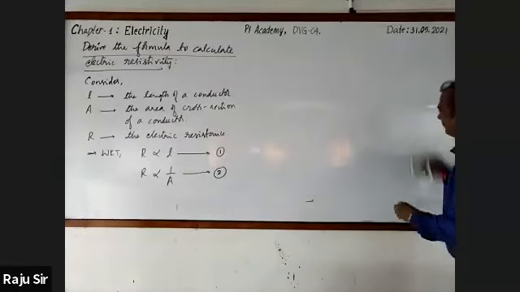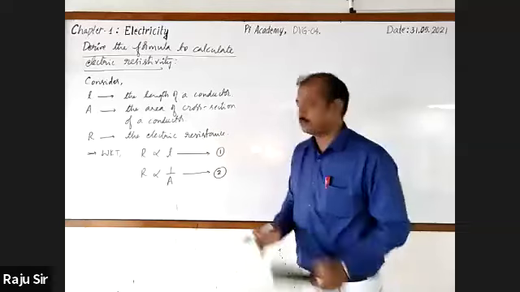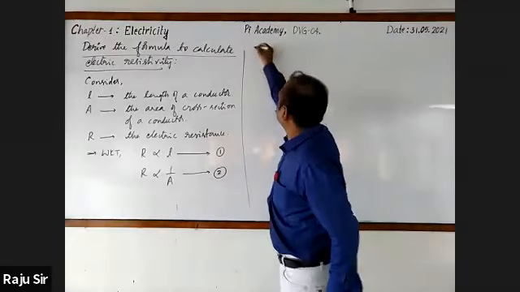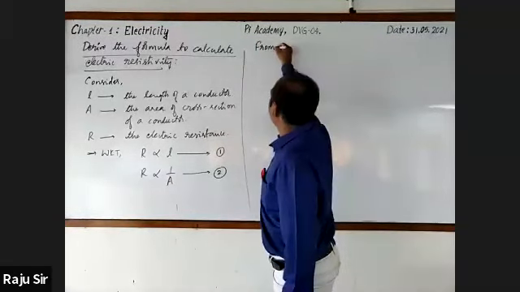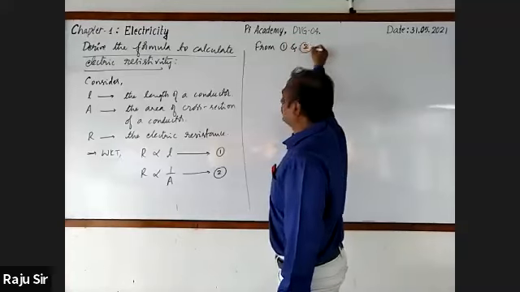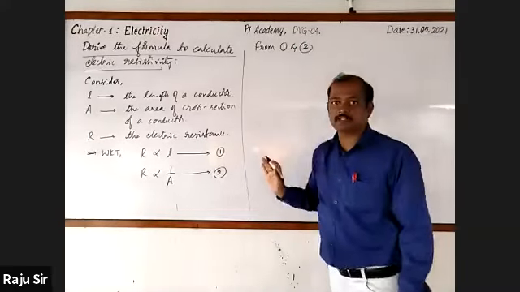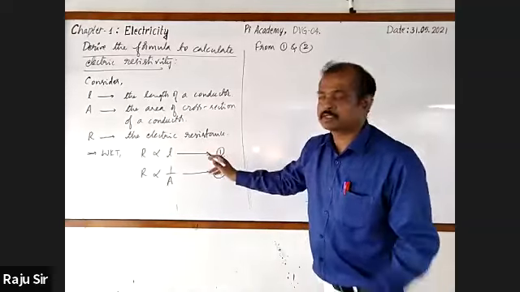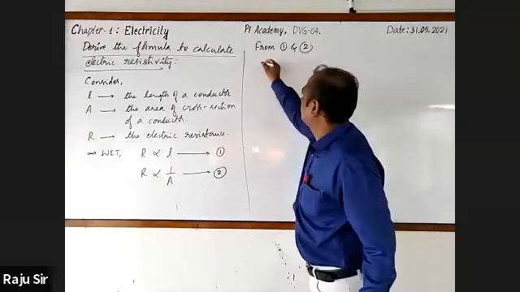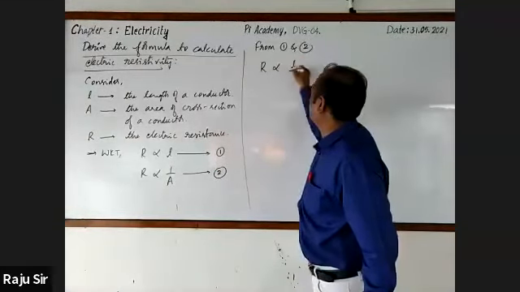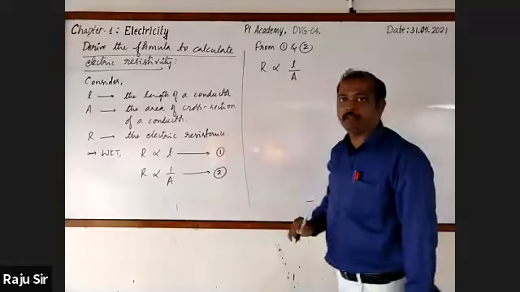From statements 1 and 2, they are not equations, we can write R is proportional to L by A. Please go on writing with me.